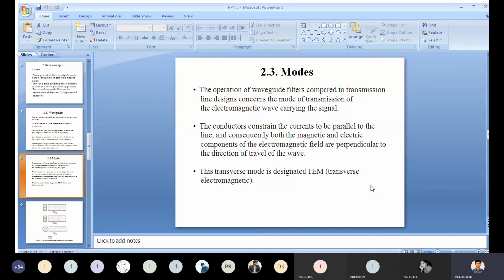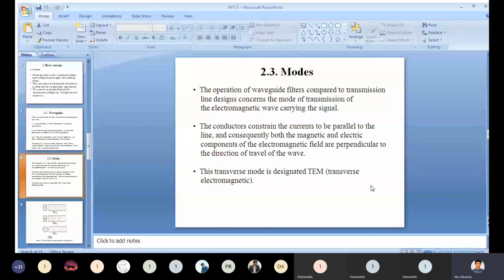On the other hand, there are infinitely many modes that any completely hollow waveguide can support, but the TEM mode is not one of them. Waveguide modes are designated either TE or TM, not both, followed by a pair of suffixes identifying the precise mode.